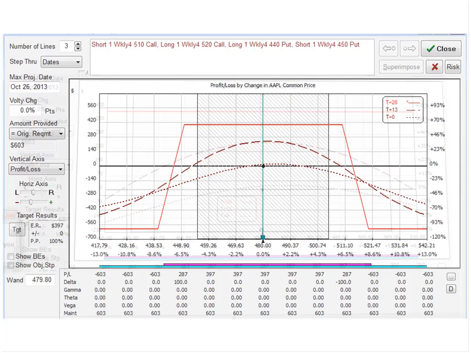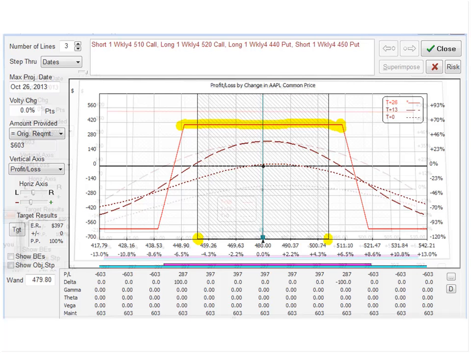You can clearly see just a real simple credit spread in the puts, credit spread in the calls way out there. As of October 26th in the future, between 505 and 455, no matter which way it goes, if it ends up within those two price areas, it will make money.